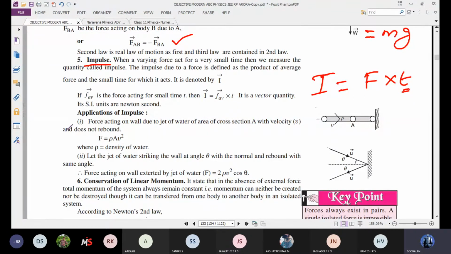So the formula is force into time. It is also a vector quantity. The SI unit is Newton seconds. See, when a force acts for a very small time, then we measure the quantity called impulse. Otherwise, you can say like this: the product of average force and the small time for it.